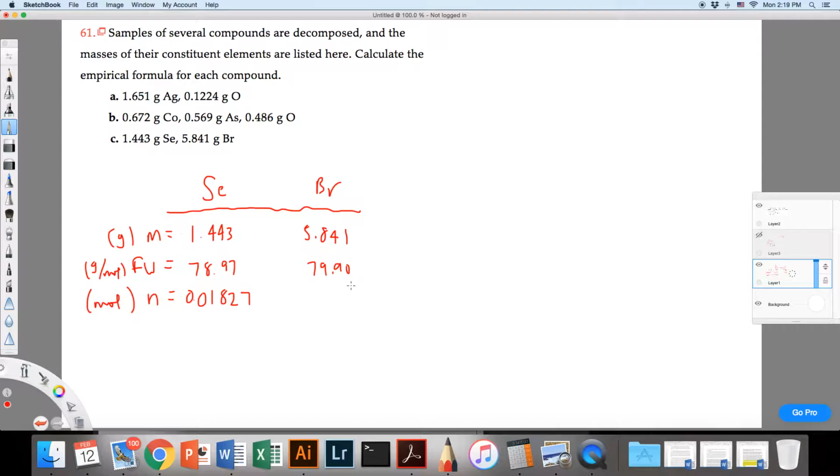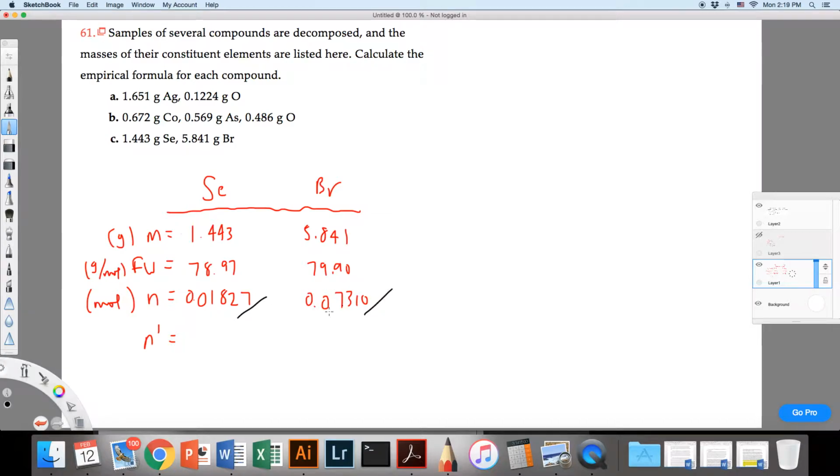And the next one is 5.841 divided by 79.90 equals 0.07310. Now, in order to get n prime, we divide all these by the smallest number.